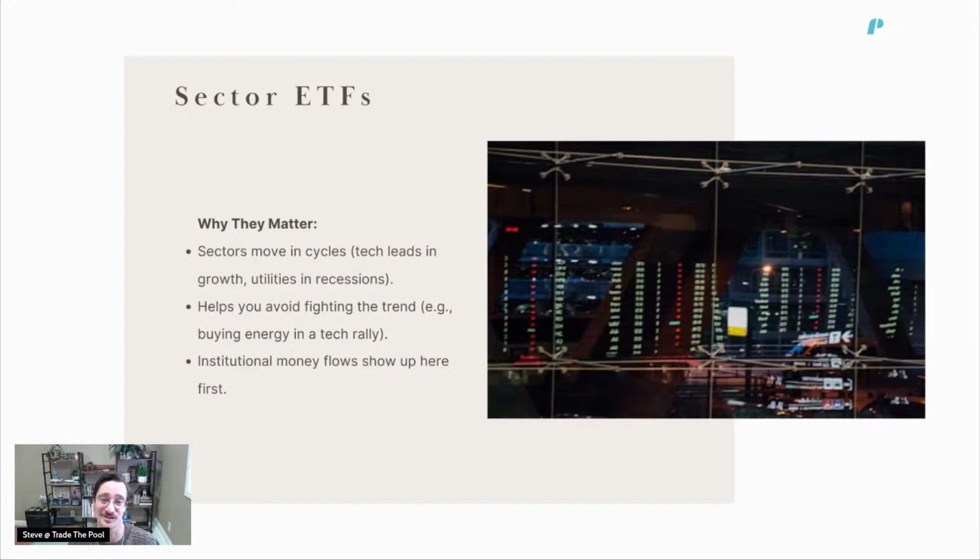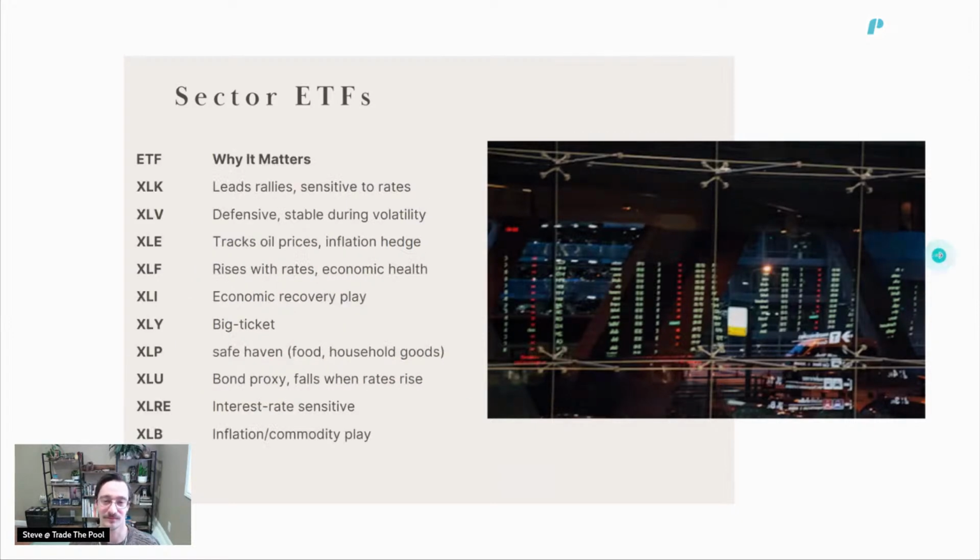If things are uncertain, you're going to buy gold bars and smoke cigarettes, and that's just how it is. Institutional money flows show up here first. Like I mentioned, we can catch these moves in indices early by watching the sector ETFs, and we can catch the moves in the sector ETFs by watching the individual names. So all stuff to consider.